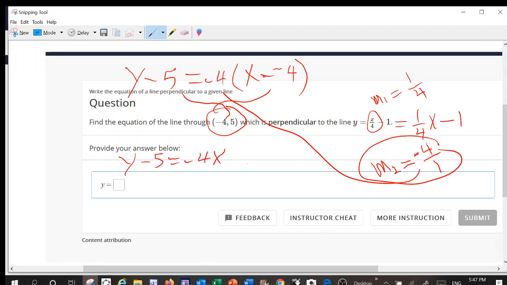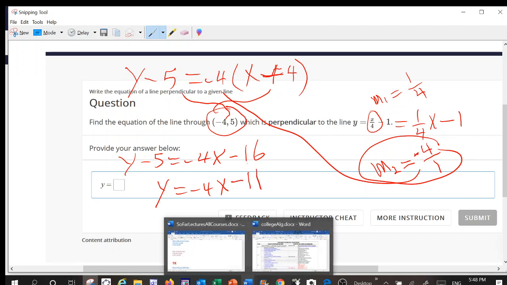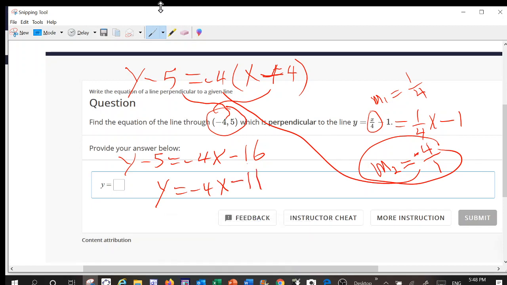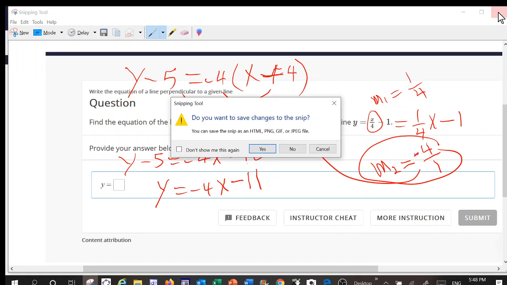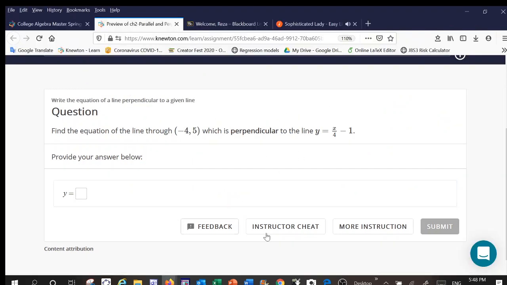Now this is actually a plus 4, right? Minus minus is plus. So it's -4x minus 16. So y equals -4x minus 16 plus 5, which is minus 11. So -4x minus 11 is the answer.